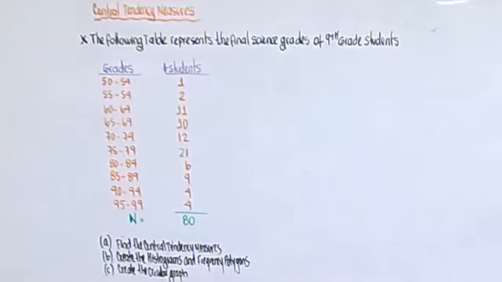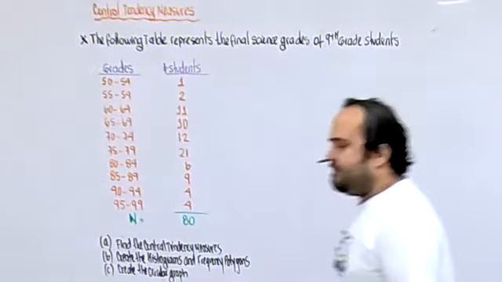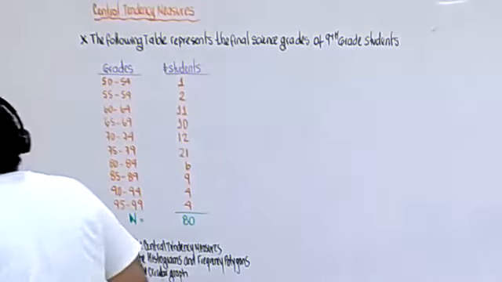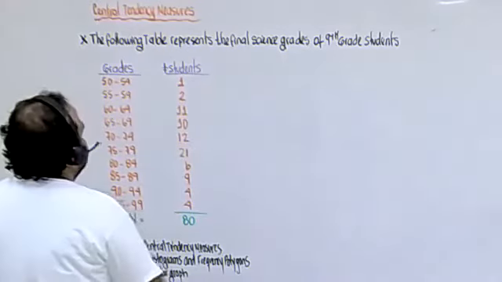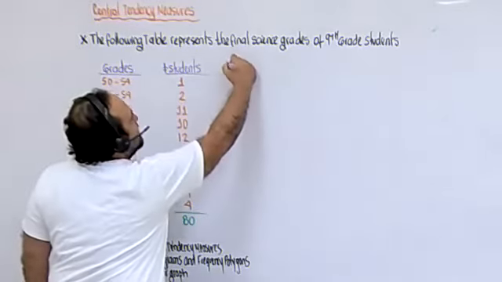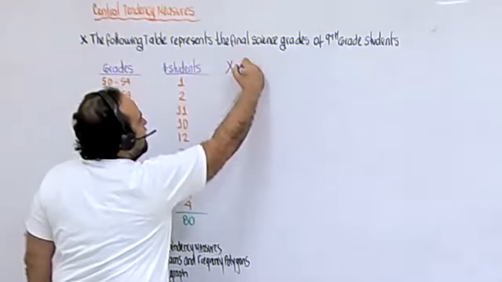But before completing parts A, B, and C, we have to complete the table, because we only have two things: the class interval and the absolute frequency, okay? So what values are missing? The first missing values we have in this column: we're going to add the class mark.